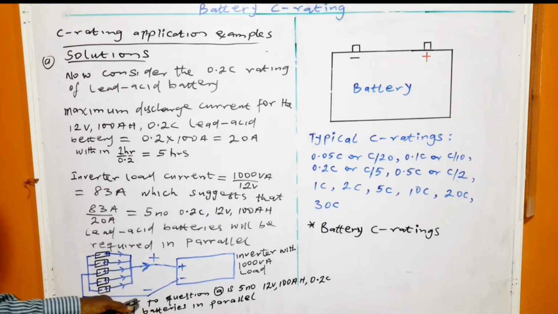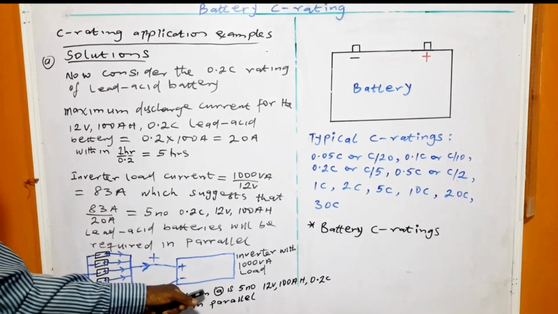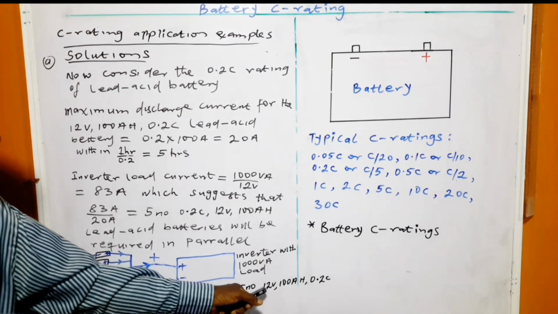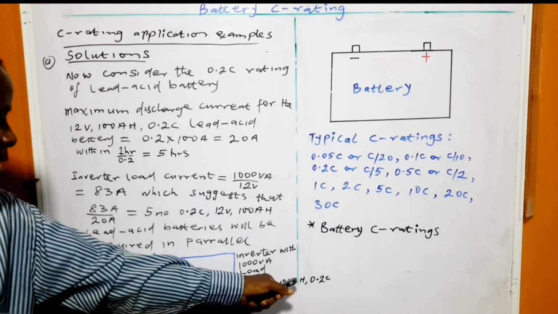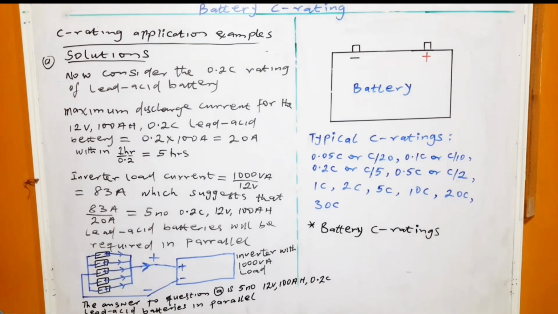So the final answer to question A is 5 number 12 volts 100 ampere hour 0.2 C rating lead acid batteries in parallel.